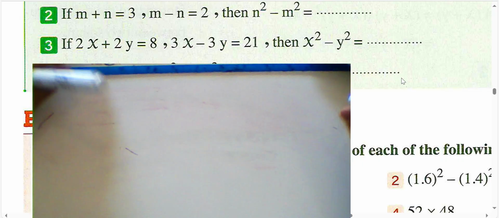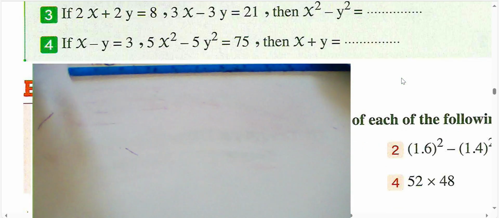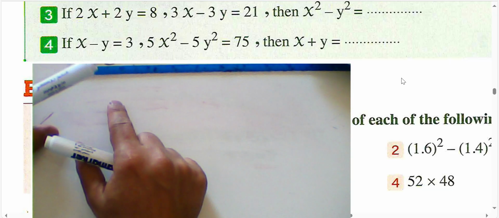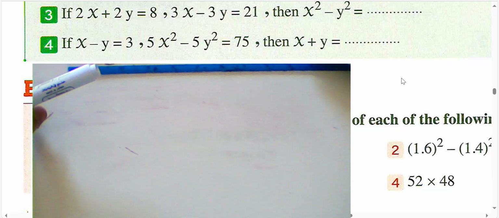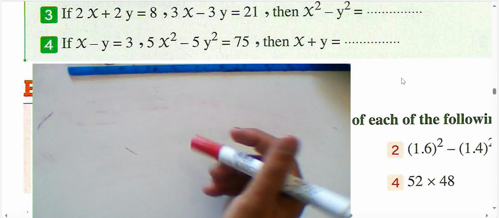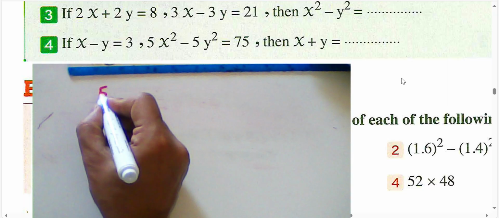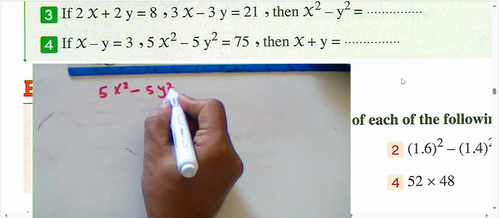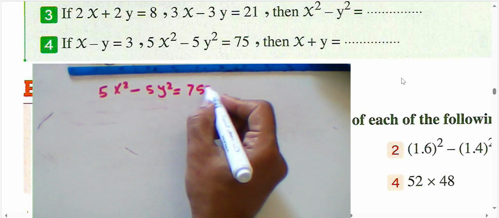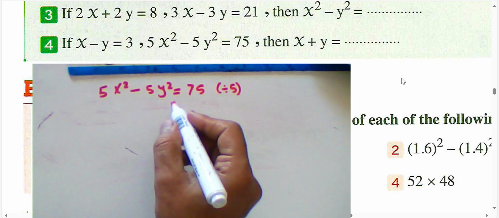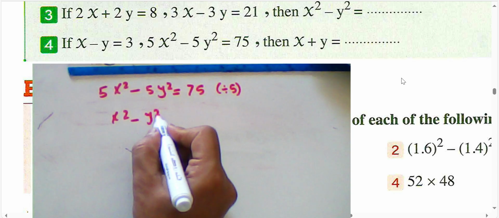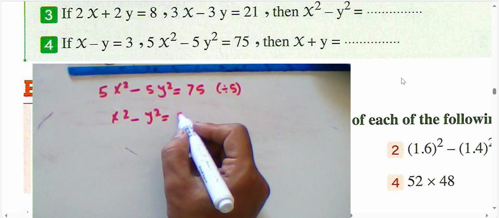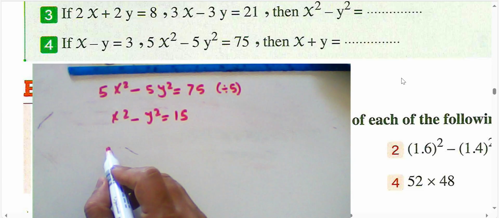Okay, next question. Number 4: if x minus y equals 3 and 5x power 2 minus 5y power 2 equals 75, then find x plus y. 5x power 2 subtract 5y power 2 equals 75. Divided by 5, then x power 2 subtract y power 2 equals what? Equals 15.